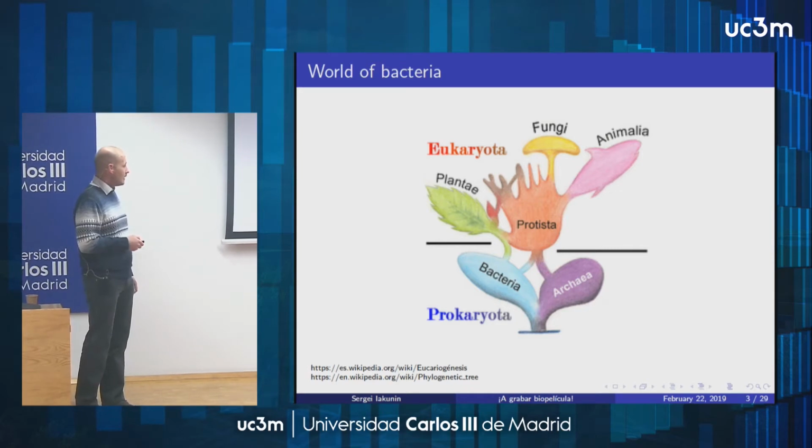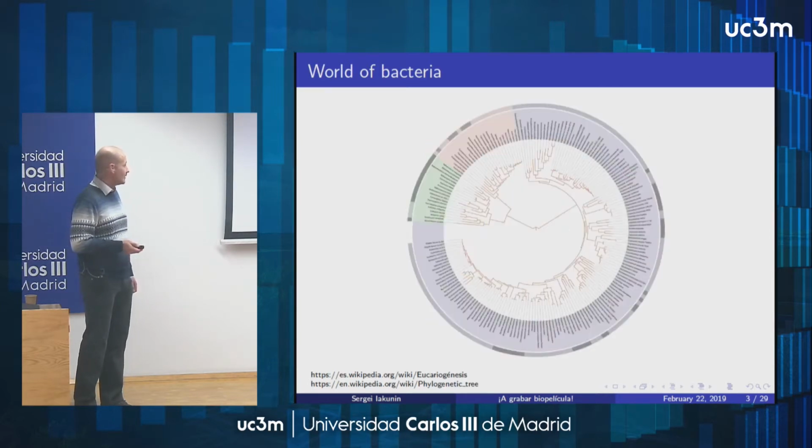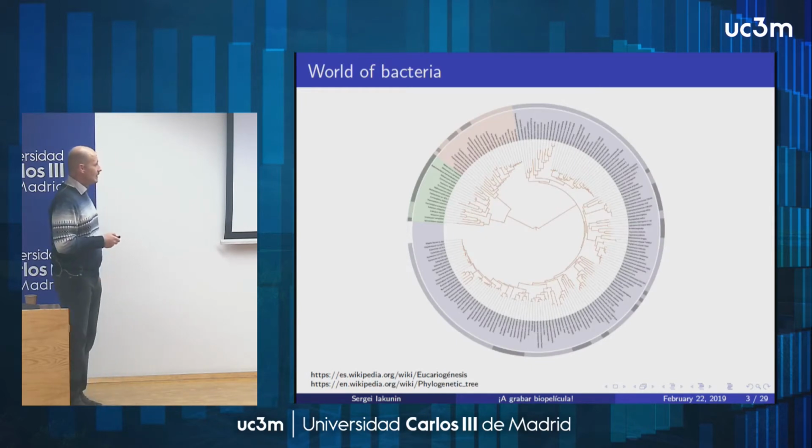And usually, for example at the beginning of my work, I imagined that there is more variety of complex and multicellular organisms than of simple unicellular organisms such as bacteria. But in reality, it's not true. And the real genetic tree looks like this.